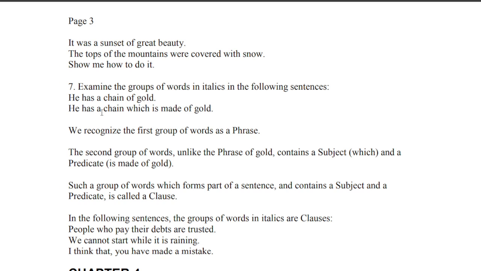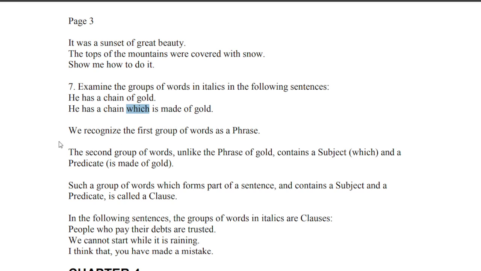Now, he is the subject and has a chain which is made of gold is the predicate of the sentence. But we can also identify another subject and another predicate within this bigger predicate. Which is the subject, is made of gold is the predicate.